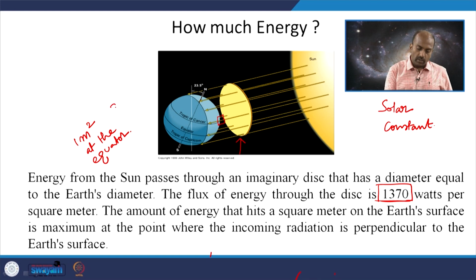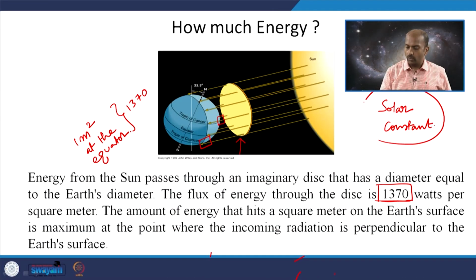That is, 1 meter square of area at the equator receives 1370 watts of energy. This same 1370 is projected onto a larger surface area over the poles. That means the equator receives the maximum amount of energy and the poles receive comparatively smaller amount of energy compared to the equator. So, this constant is generally called the solar constant.